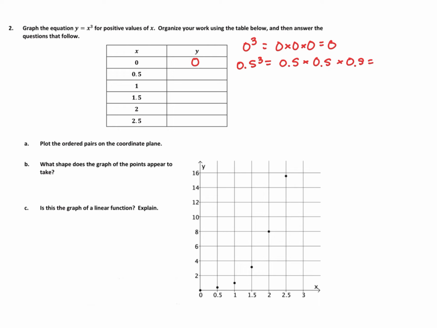And as a decimal, it is 0.125. 1 cubed is 1 times 1 times 1, which is 1. 1.5 cubed is 1.5 times 1.5 times 1.5.